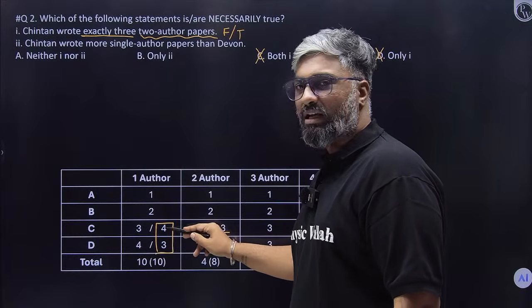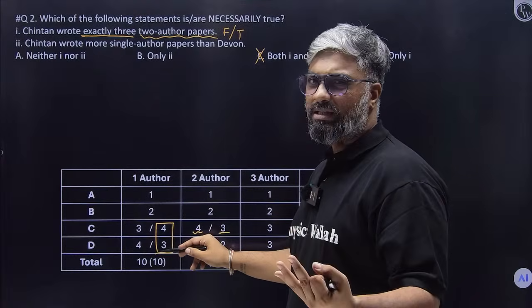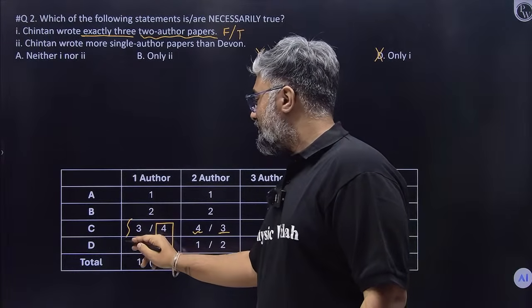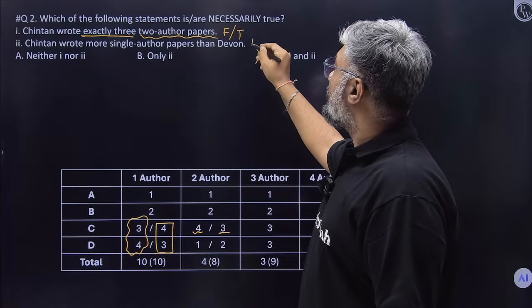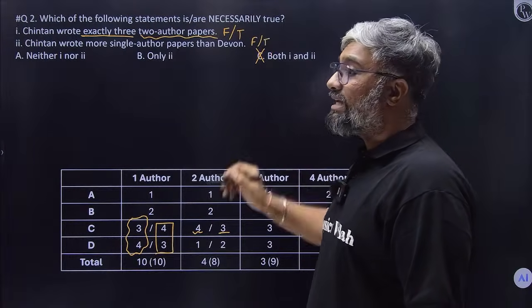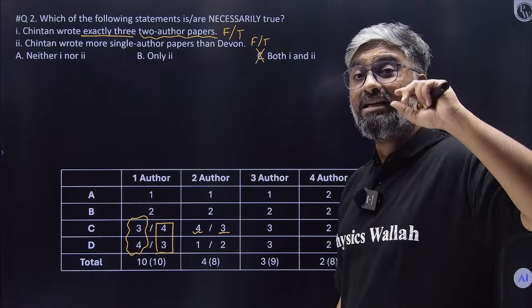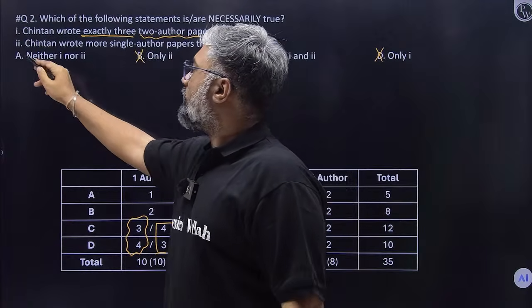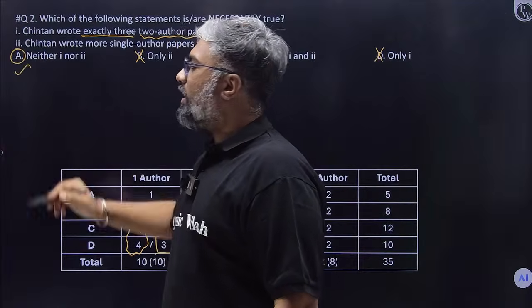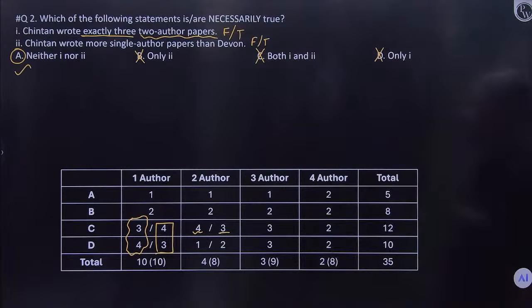Chintan wrote 4 single author. Devon wrote only 3 single author. But in this case, is it true? No, it's false. So again, this one is sometimes false, sometimes true. But I need a statement that is definitely true. So this is also gone. My answer is option A, neither 1 nor 2. Works? Cool.